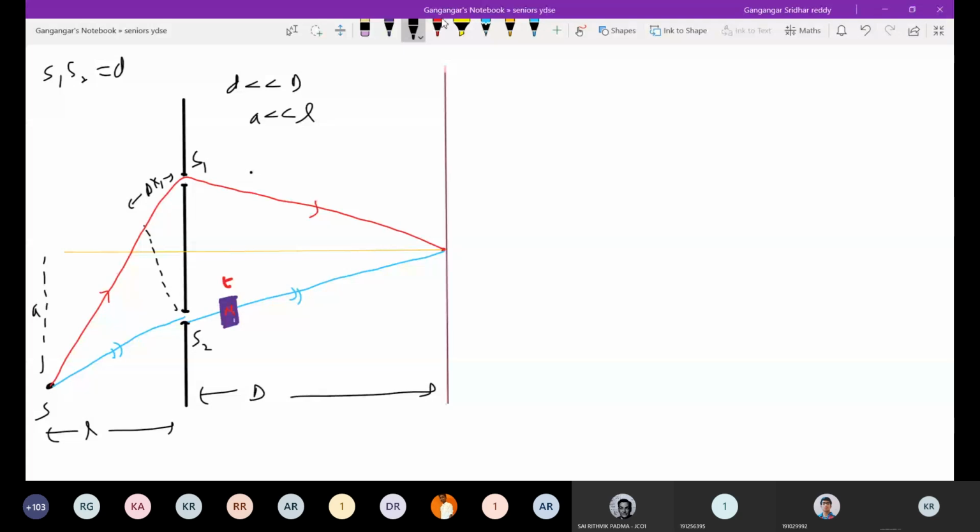Which ray will cover more path before slits? Ray 1. Which ray will cover more path after slits? Ray 2. So I should increase the path length of ray 2, therefore I am bringing a slab in the path of ray 2. If ray 2 gains after the slits the same additional path that ray 1 gained before the slits, then the net path difference of the rays here will be 0, and we do get the central maxima here.